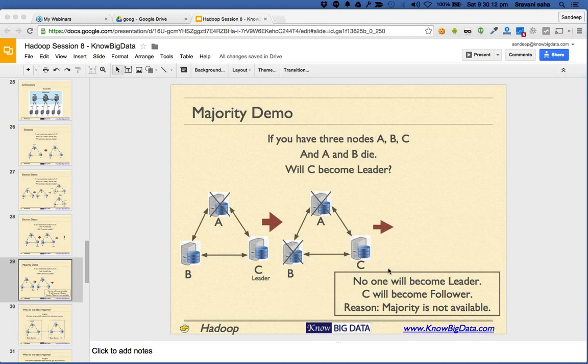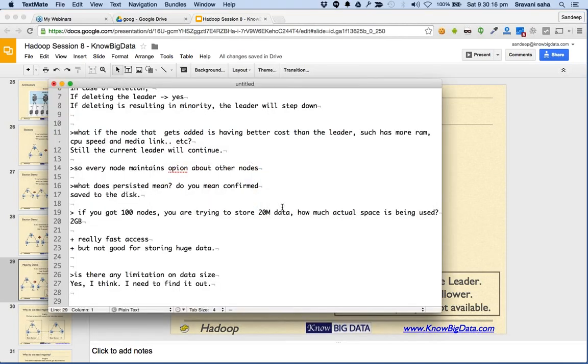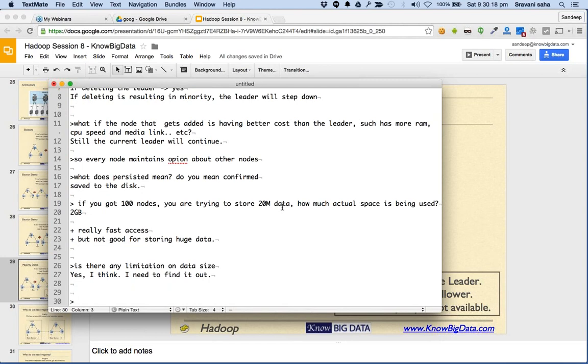Is this clear? What does majority mean? Let me ask again, I think this will make more sense. If you have 5 nodes in the ensemble, how many nodes need to be alive for leader selection?